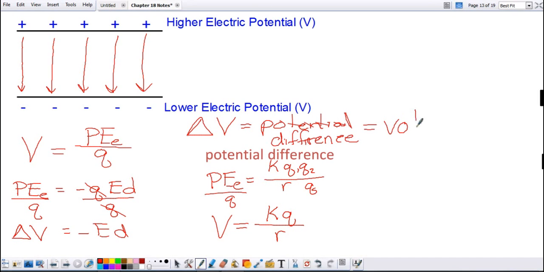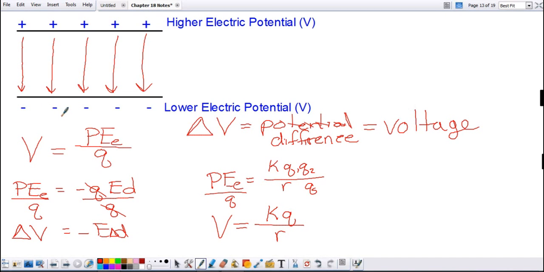Which is also called the voltage. And we will talk more about voltage. All right, so we've got the change in potential. Well, that means it's going to be the change in the distance between the plates.